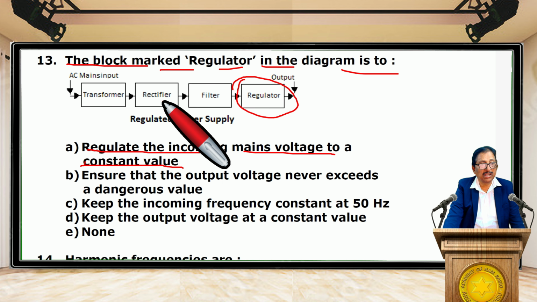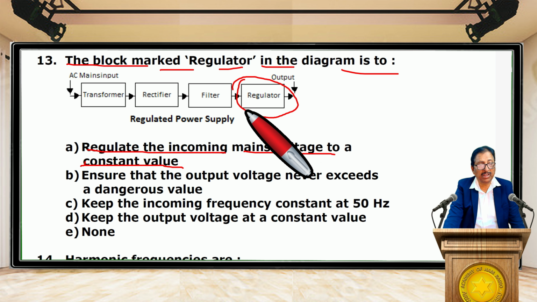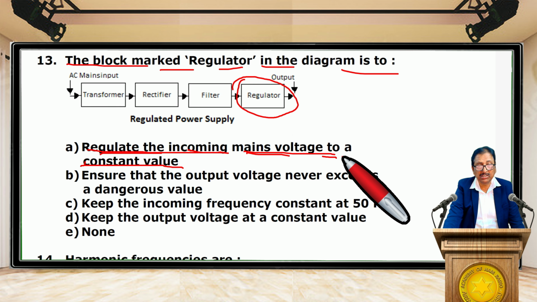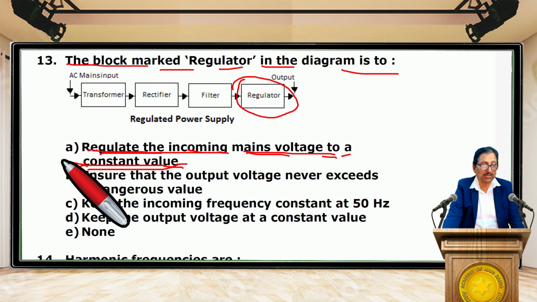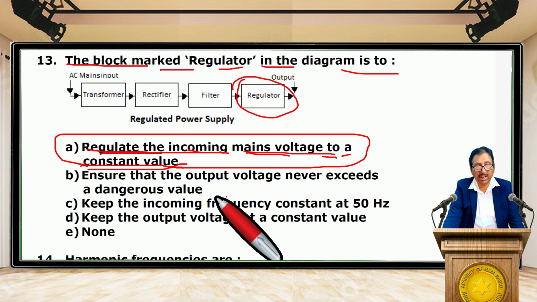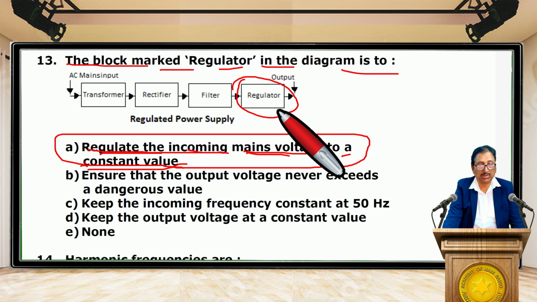So it is transformer, rectifier, filter and regulator. The function of this regulator is to regulate the incoming mains voltage to a constant value, the required value. If 12 volts is required, we will get only 12 volts. So the function of this regulator is to supply a constant value.